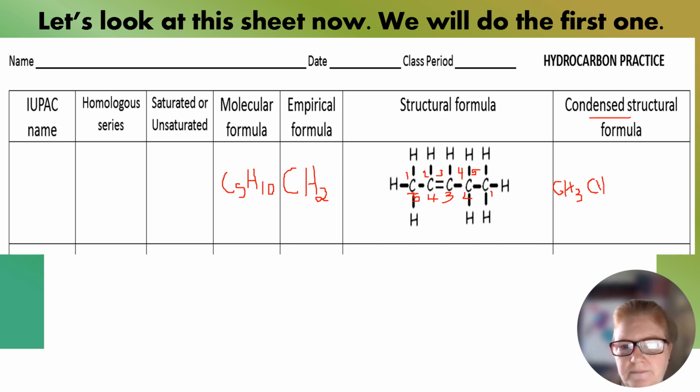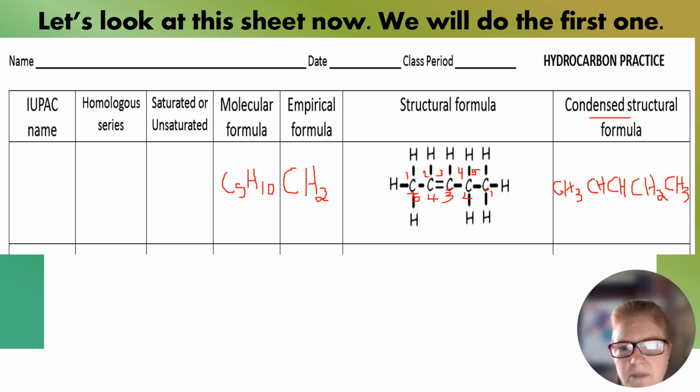H. Then we're on our next C, and what is connected to it that is not another C? An H. And then we have our next C, and what is connected to it that is not another C, 2 H's. And then we have the last one. We have a C, and what is connected to it that is not another C, H3.